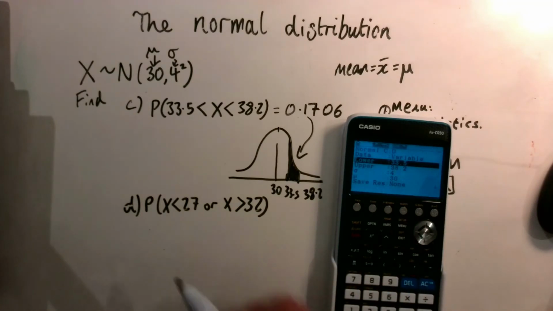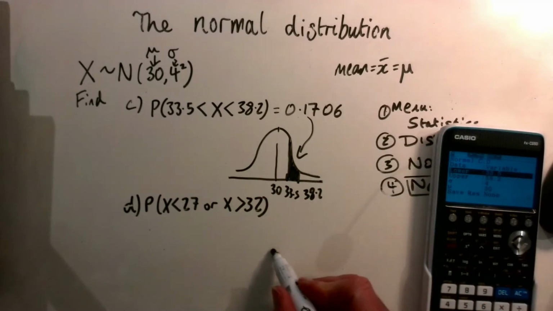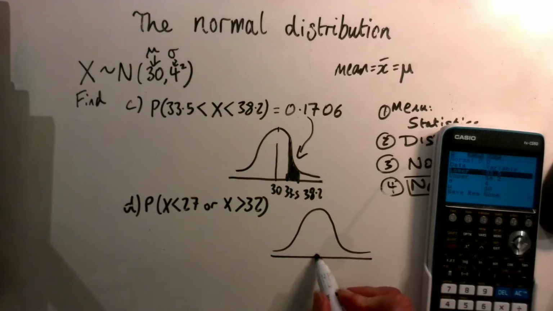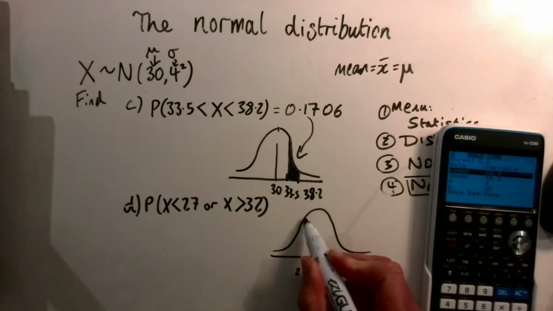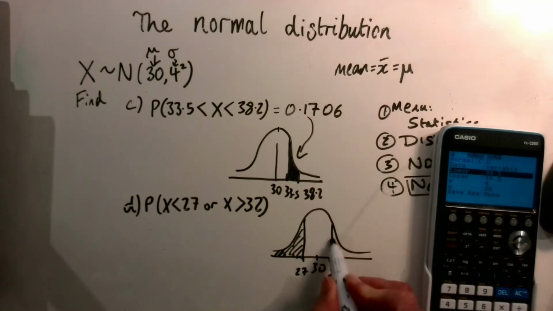Or you can think of the fact that if we draw this one first of all, and what we're looking at is, there's 30, there's 27, there's 32. If I put a line in there, I want this and I want that.